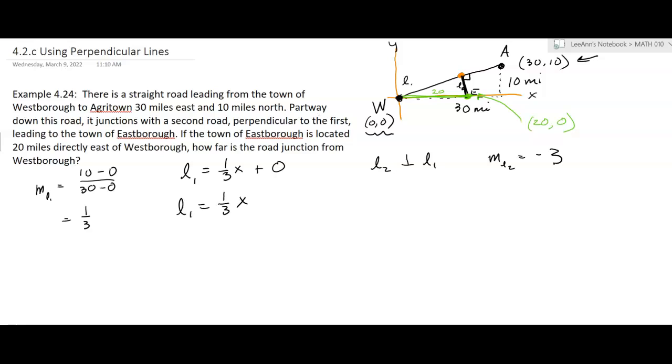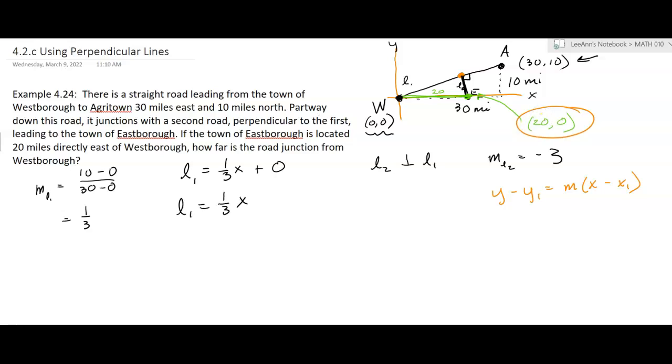And we know an ordered pair for that line, so I can use the point slope formula. Y minus y1 equals slope times x minus x1. What's the point I know for that perpendicular line, line 2?